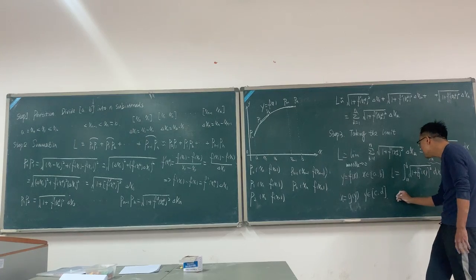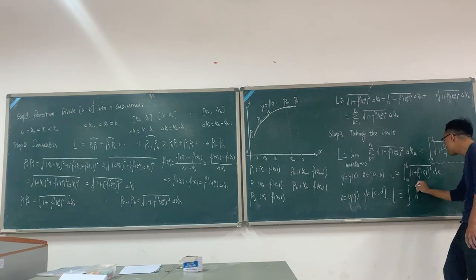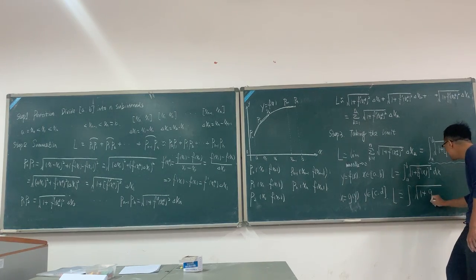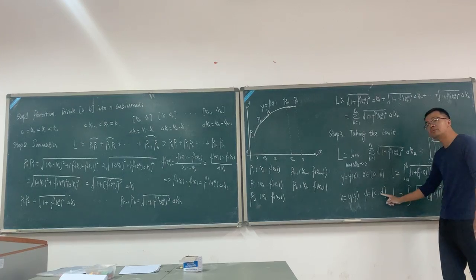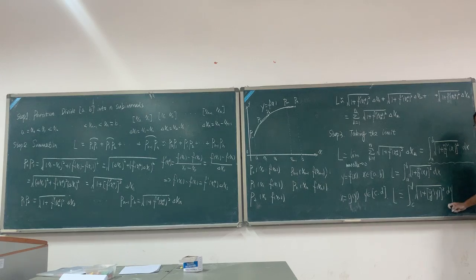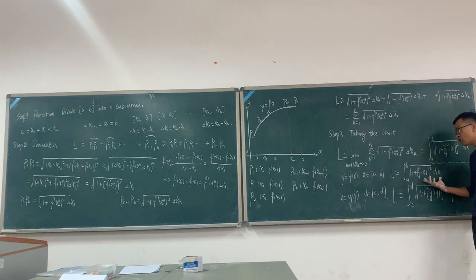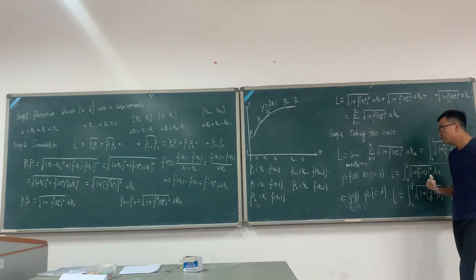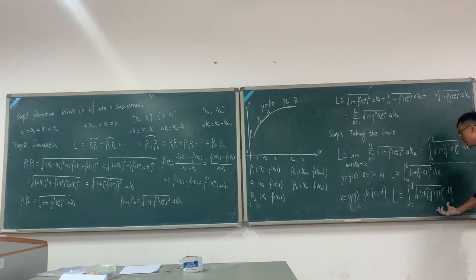The length is the same: L equals the definite integral of the square root of 1 plus g'(y) squared dy, y from c to d, okay? So this is the formula. If the function is given by y equals f(x), the formula is this one. If the function is given by x equals g(y), the formula is this one, okay?